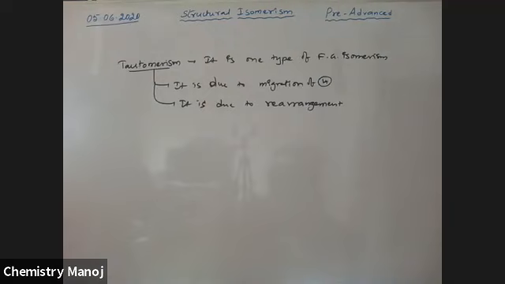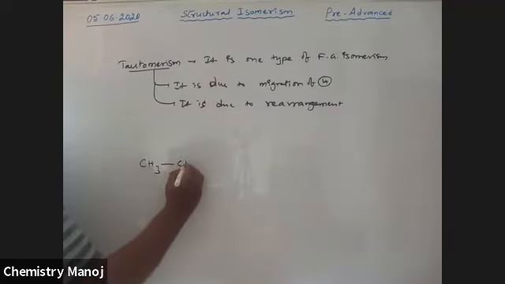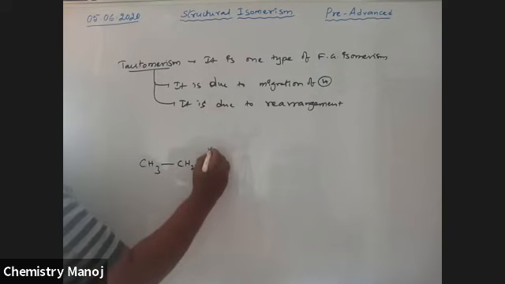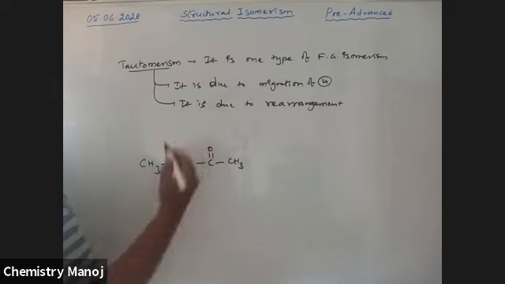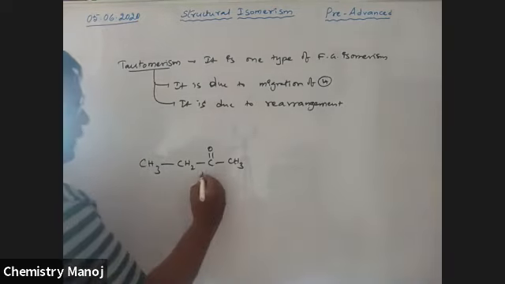See here, I am taking one example: CH3-CH2-C(=O)-CH3. Now it is a keto compound.